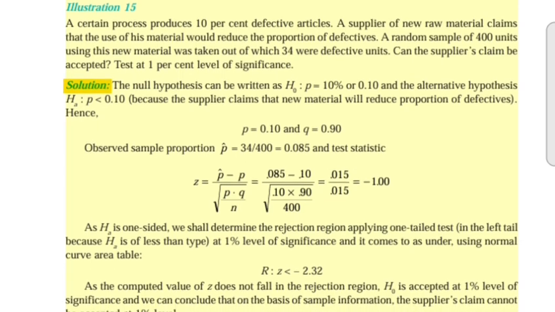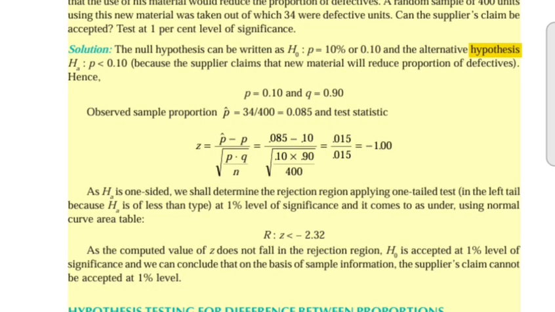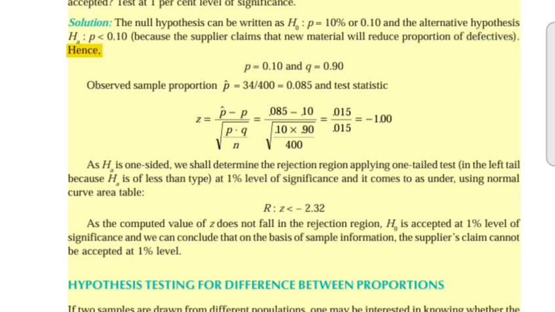Solution. The null hypothesis can be written as H0: p equals 10% or 0.10 and the alternative hypothesis Ha: p less than 0.10, because the supplier claims that the new material will reduce the proportion of defectives. Hence, p equals 0.10 and q equals 0.90.